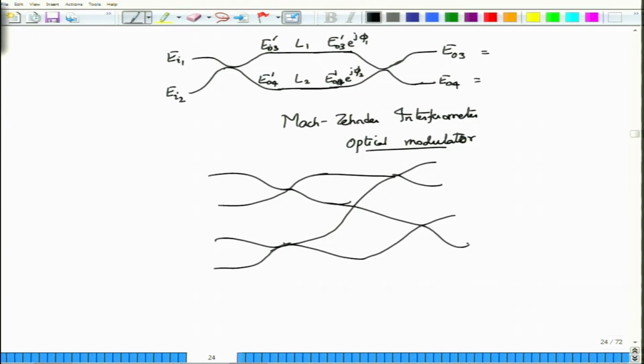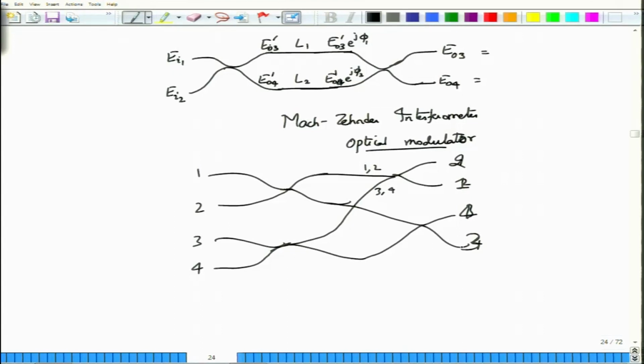So you can see that signals from 1, 2, 3 and 4 come out here, and the signals from 1 and 2 are being combined with the signals 3 and 4 here. Provided that all the adjustments are correct, you can make one of those go into an interferometer condition such that you will get 1, 2, 3 and 4 at the output, or you can get 2, 1, 4 and 3.